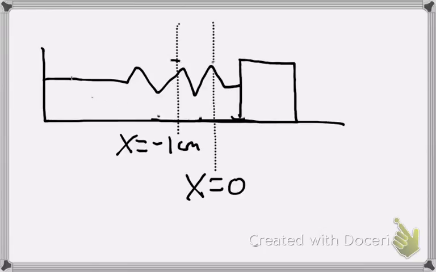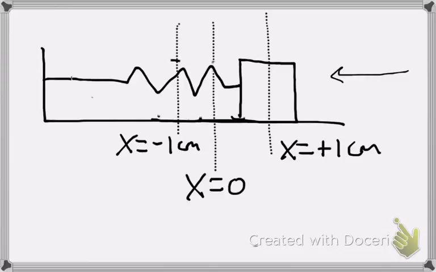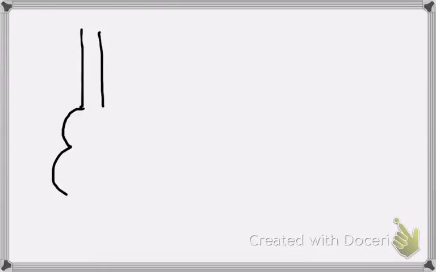And it's going to go all the way to the right until it gets to positive 1 centimeter. And then at this point, we still have a force, but now that force is pulling it that way. So at this point, it's going to go back to the left. And it's going to keep doing this forever and ever and ever. It's going to keep bouncing back and forth.